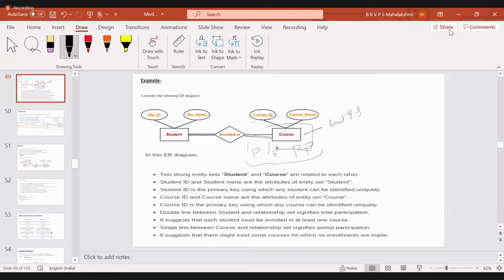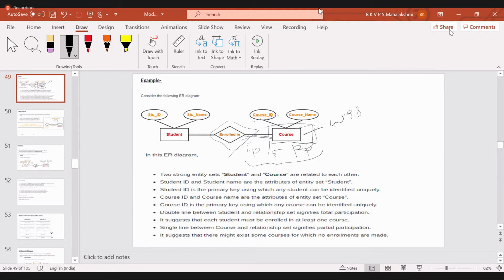Definitely you have to put two lines from here, from course to the relationship with the other entity. Compulsorily two lines, and as this is the weak entity, you have to put one more rectangular box symbol, like this.